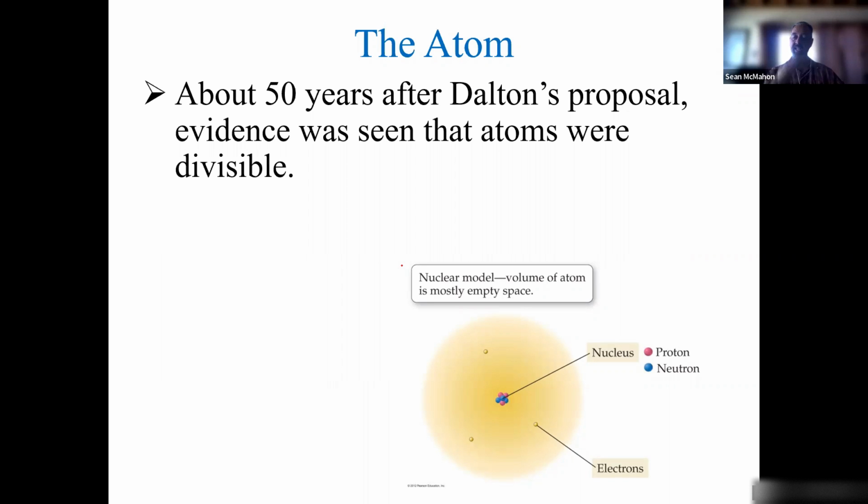And it has a very dense nucleus. That's why it's referred to as a nuclear model. That nucleus is where we find the protons and neutrons. Outside of the very dense nucleus, surrounding it, are the electrons. But the majority of it's empty space.